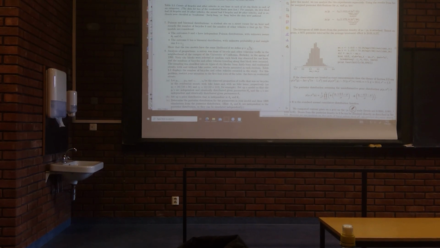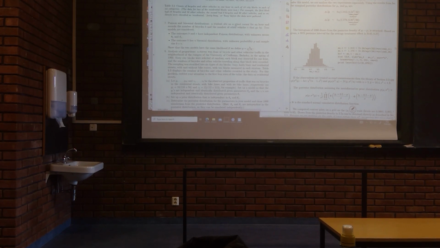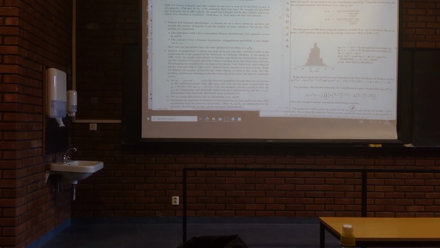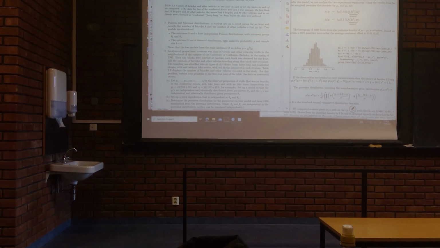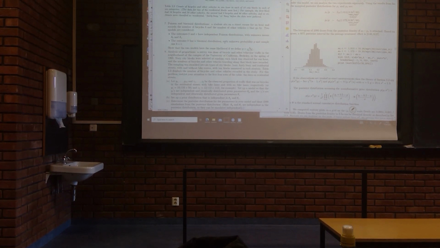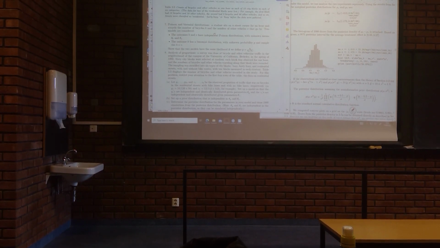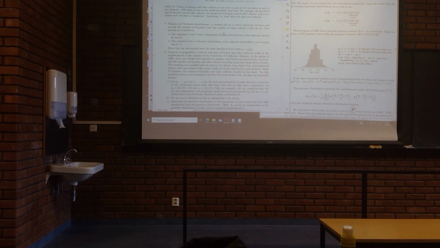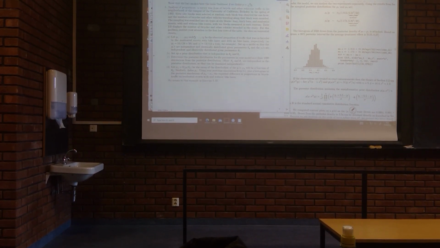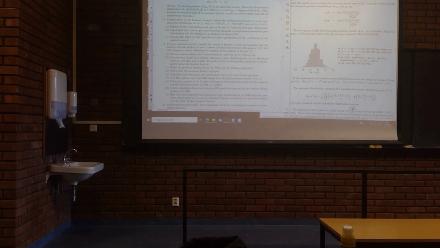So if you multiply by a Poisson distribution for the sum, which follows from them being independent Poisson, then you would get the same likelihood. But that is not what they asked for. So it was a bit unfortunate that I actually gave this exercise. Okay, but then let's move on.